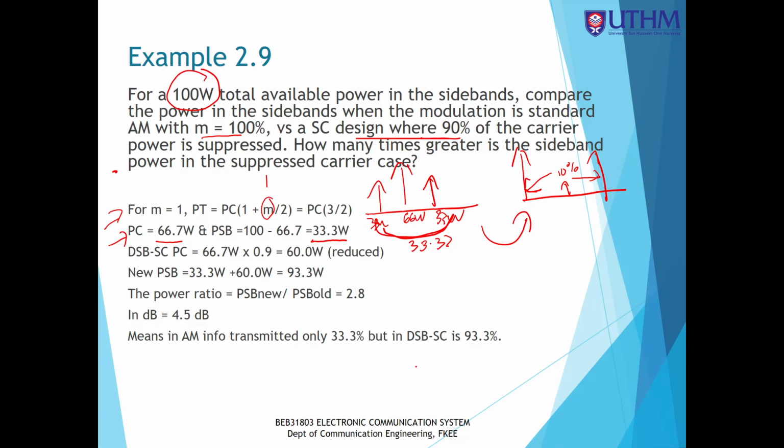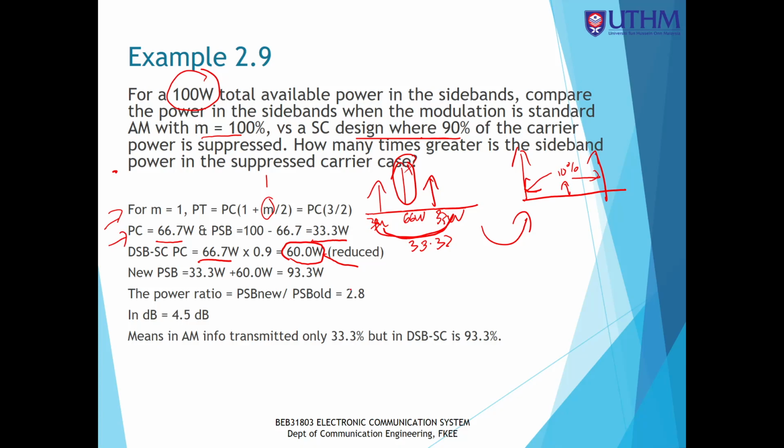Now when we want to change to suppressed carrier, 90% of the carrier is suppressed. So 90% from the original carrier is suppressed, which contributes 60 watt. This 60 watt is suppressed from the carrier, and from this slide, theoretically it goes to the sidebands.